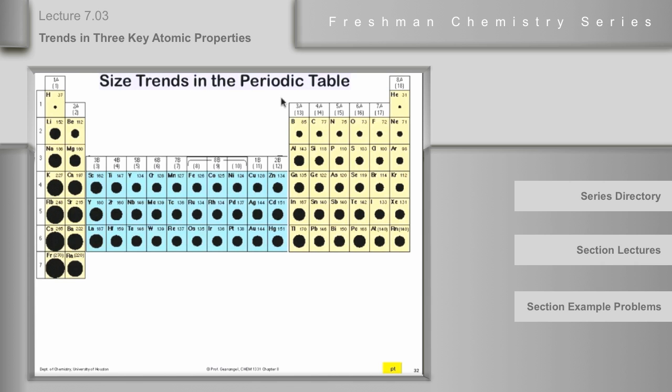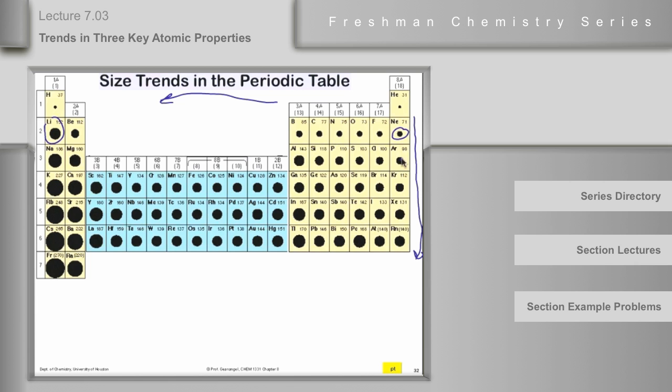So here are the trends in the periodic table. I'm going to write them with my pen, and I think it would be a good idea if you did too. The size variation in a period in the periodic table increases from right to left. These are the big atoms over here and the little atoms over here. And they increase down.